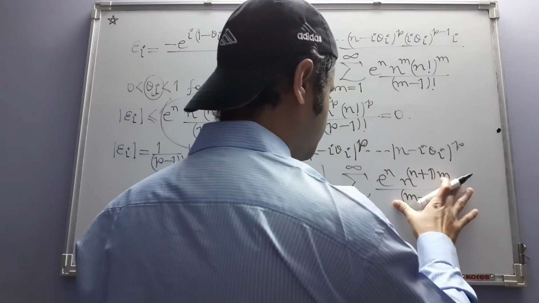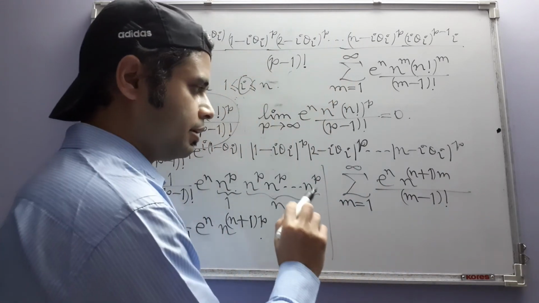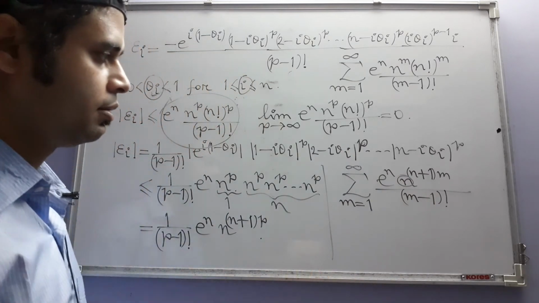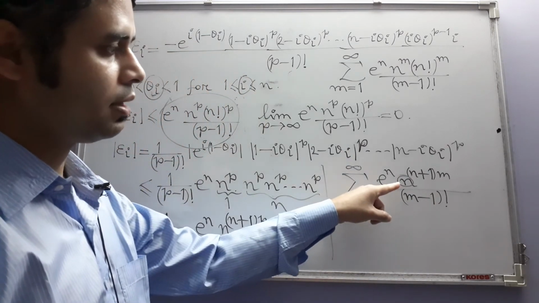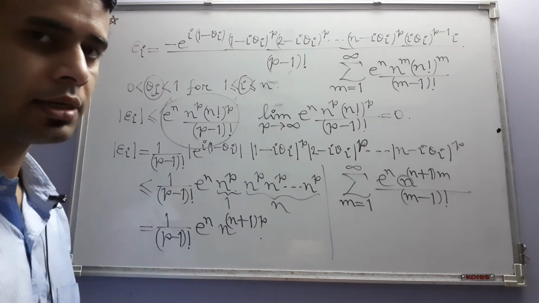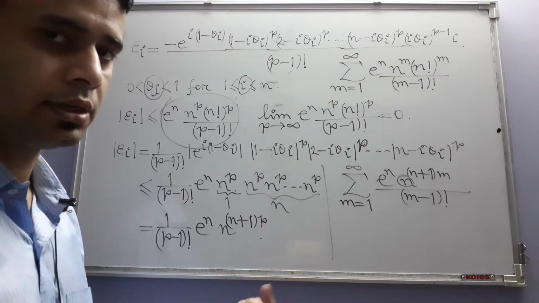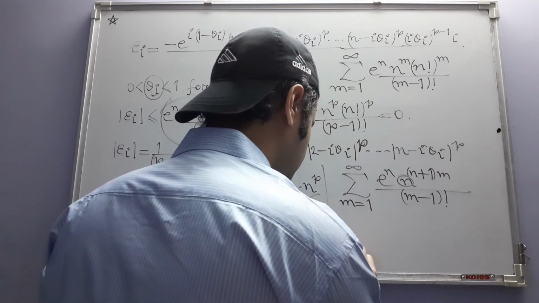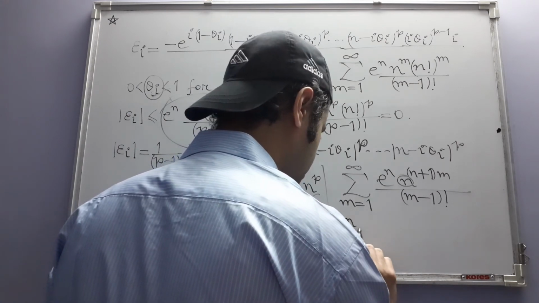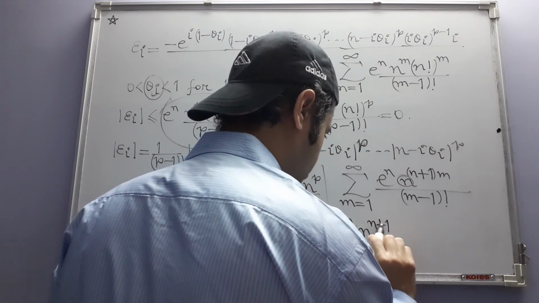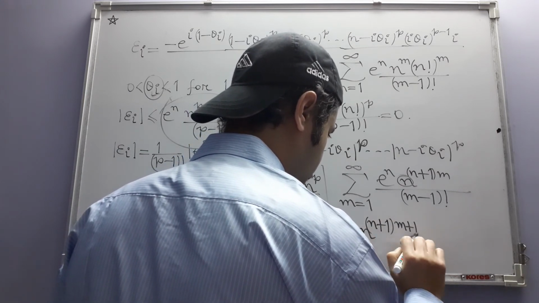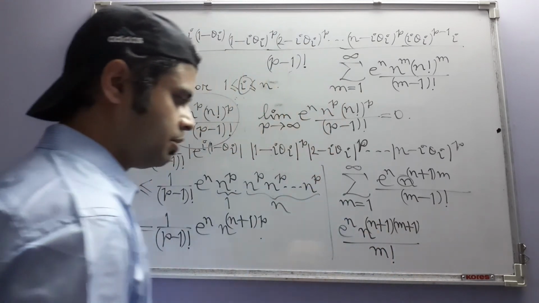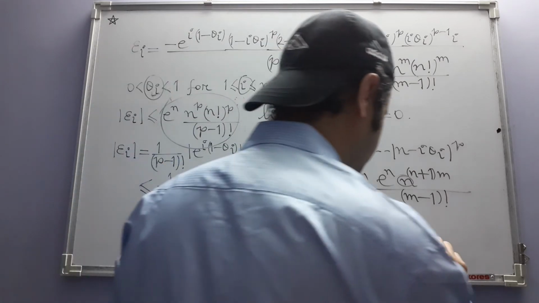Note one thing: although n is some positive integer, in this series n remains fixed. n does not change, only m is changing, that is the index. So the (m plus 1)th term is this, divided by the mth term.